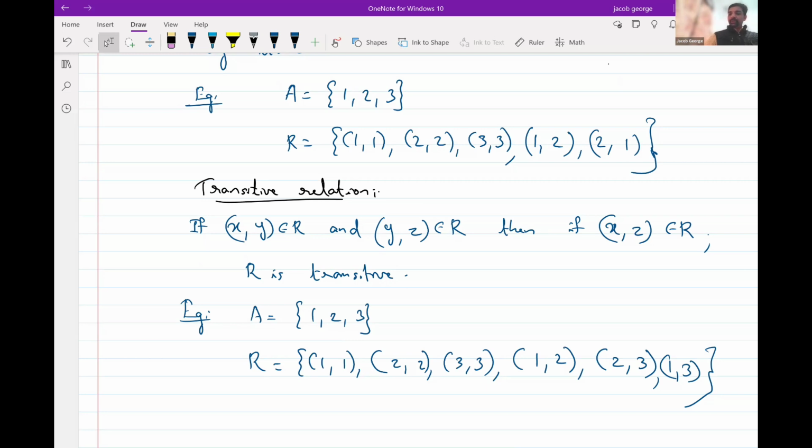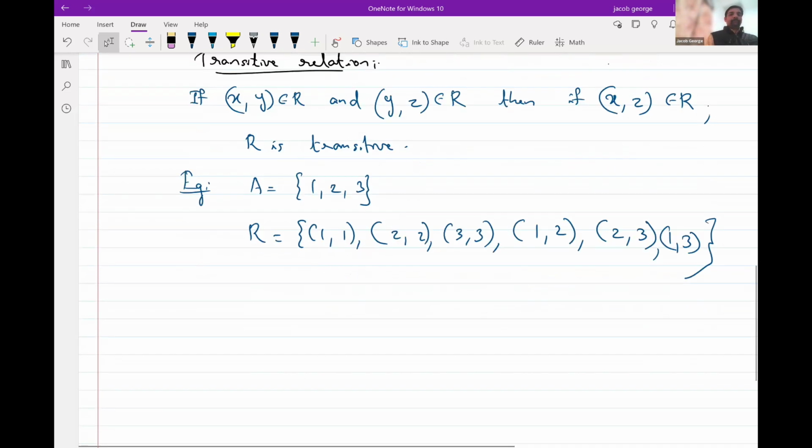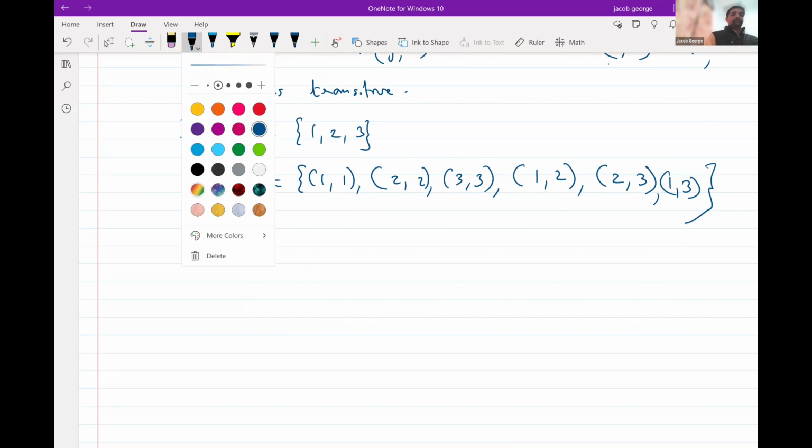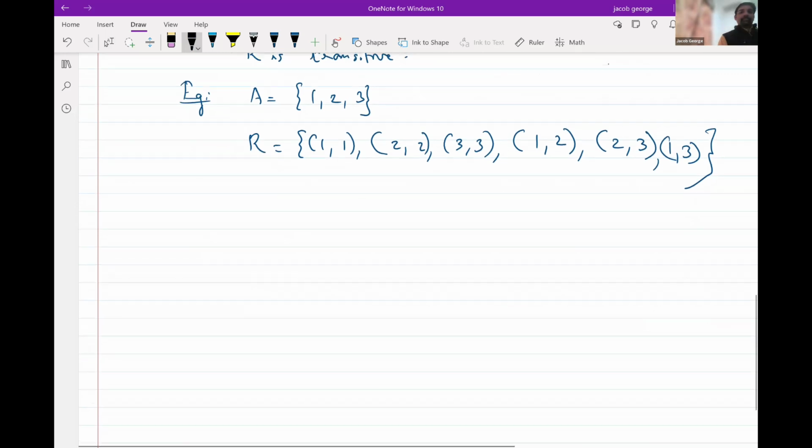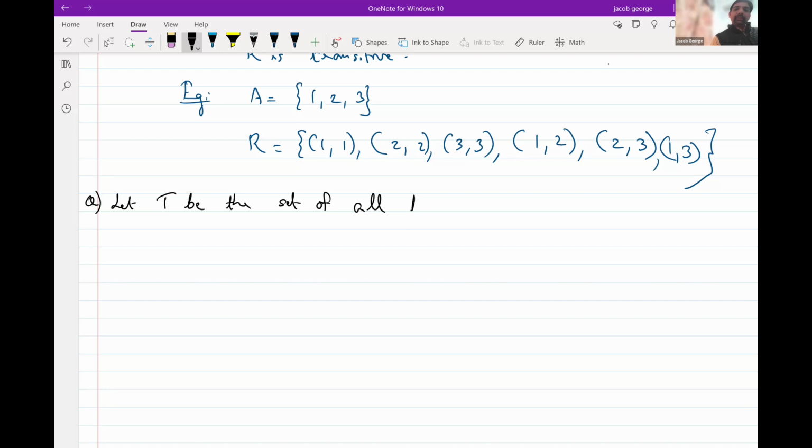Now let's start slowly with the questions based on equivalence relation. Let capital T be the set of all triangles in a plane.